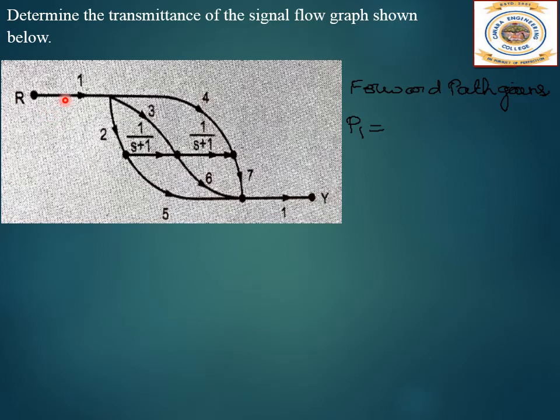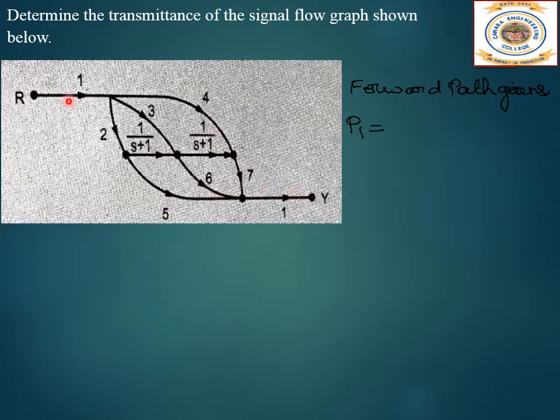Second forward path is 1 into 4 into 7. Then third forward path 1 into 3 into 6 into 1. Then fourth forward path 1 into 2 into 1 by s plus 1 into 1 by s plus 1 into 7 into 1.